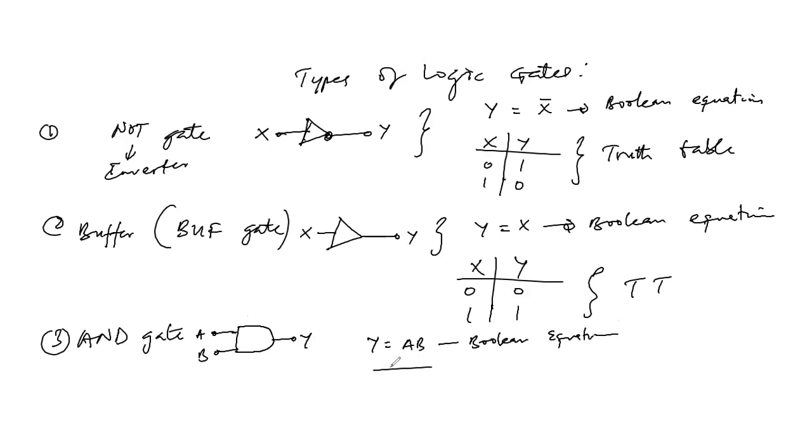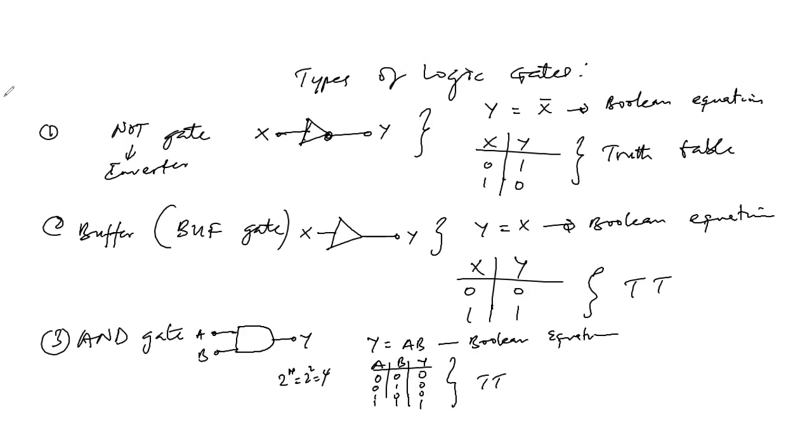And the truth table: A, B, Y. Since we have 2 inputs, 2 to the power of n is 2 to the power of 2, which is 4, right? So I'm going to have 4 possible combinations of the input bits. So we have 00, 01, 10, 11, right? So this is more like a multiplication function. So 0.0 is 0, 0.1 is 0, 1.0 is 0, and 1.1 is 1. This is the truth table.